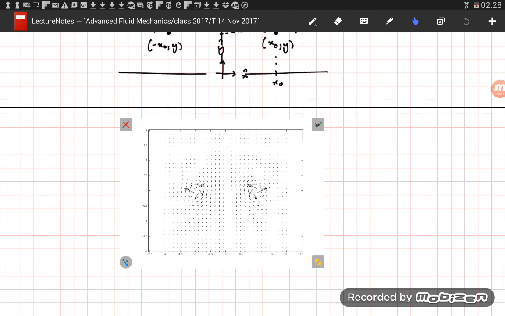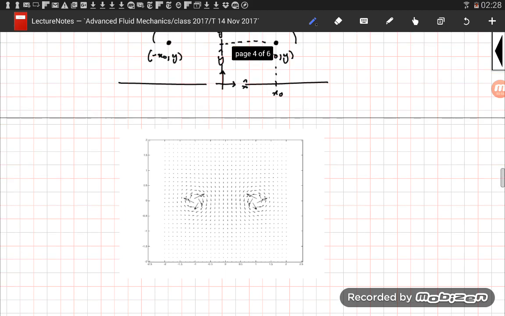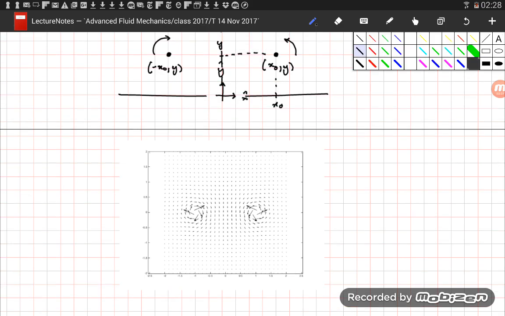Now it turns out, and we'll discuss that in more detail in the coming weeks, that for irrotational vortices you can deduce the velocity field simply by adding the velocity fields due to both irrotational vortices. So it's actually quite easy to compute the velocity field.